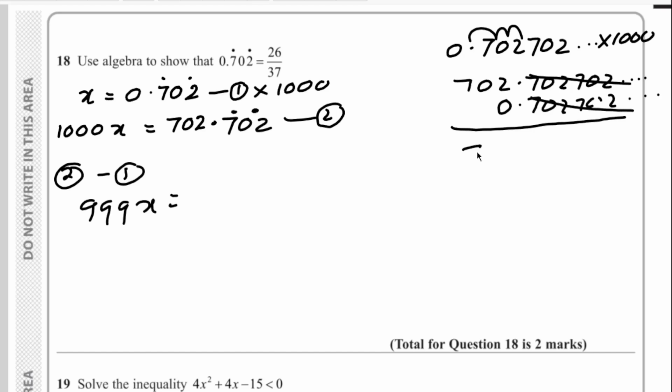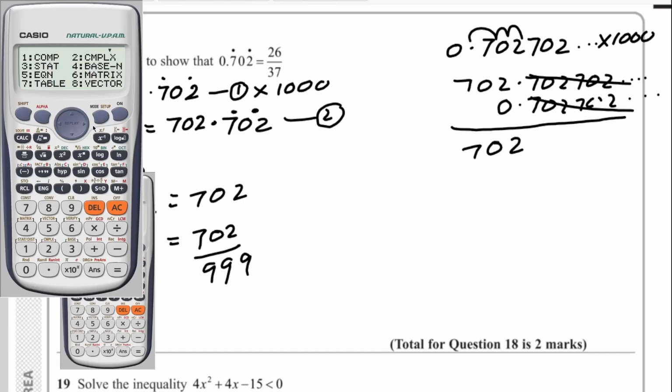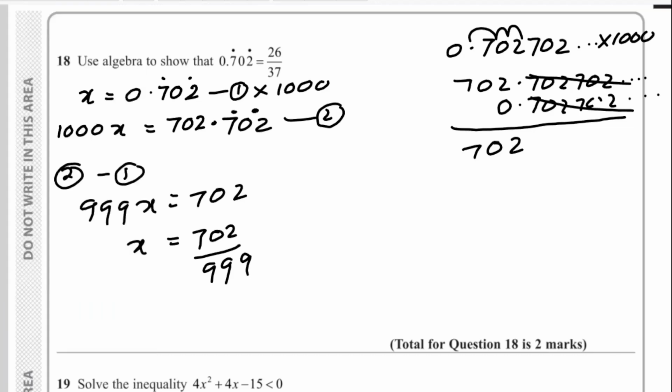The remaining one is 702. So x equals 702 divided by 999. Now let's use the calculator and check whether it is correct. 702 over 999 gives 26 over 37, which is the required fraction, so it is correct.